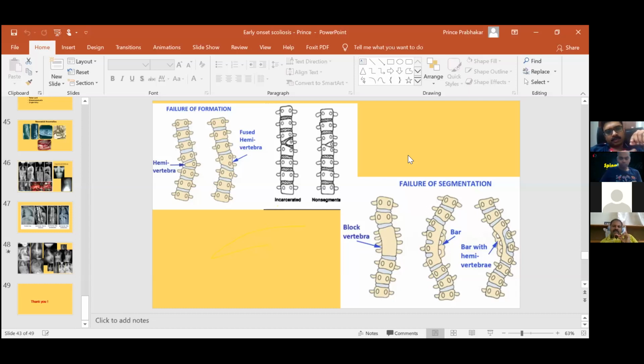Suppose it is done at 13 years of age, they are going to grow only another 3 or 4 years, or at the maximum 6 years. But actually, in his technique, the sublaminar wires are used to derotate the vertebra. Yeah, derotate and pull it. So there is a considerable force being applied on the vertebra.